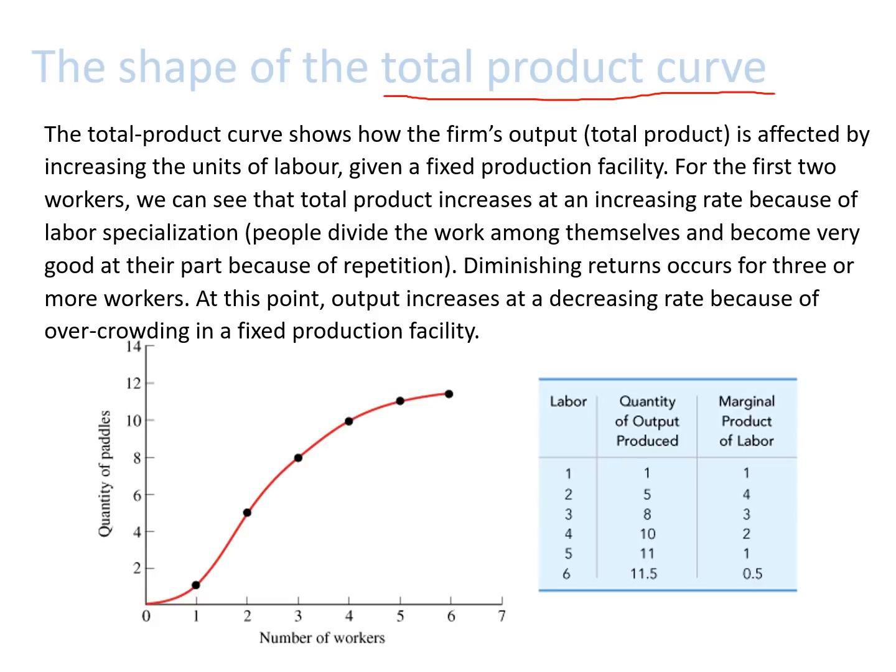The shape that we see is that for each additional person working, if you hold all of the other inputs constant, then for each additional worker you get an improvement, but the size of that improvement becomes less for each additional worker that's added.